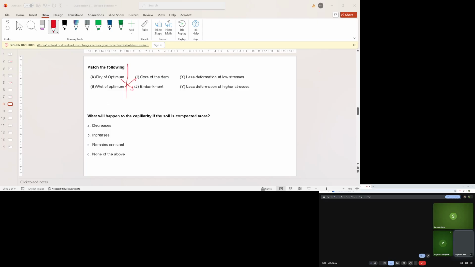Now coming to the two options given: less deformation at low stresses. So deformation can be analyzed by change in voids ratio, right? So at lower stresses, dry is having lesser deformation, right?